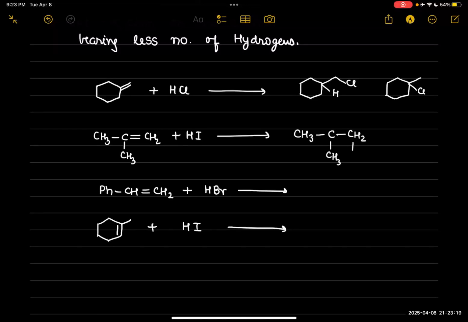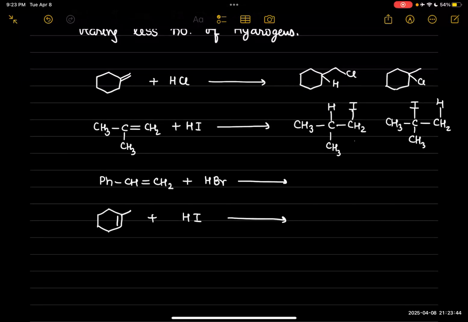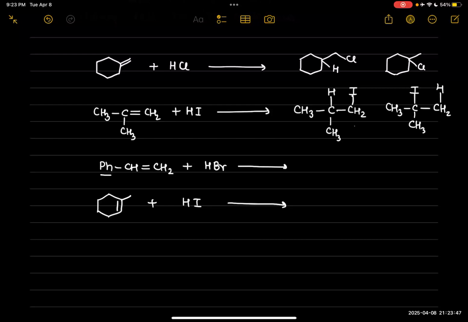So CH3, CH2, I can put I and H here. And Ibrahim, CH3, I can put I in the middle and H towards the end. These are the two options. Similarly, this is phenyl, which is the benzene ring, a short form to write benzene.